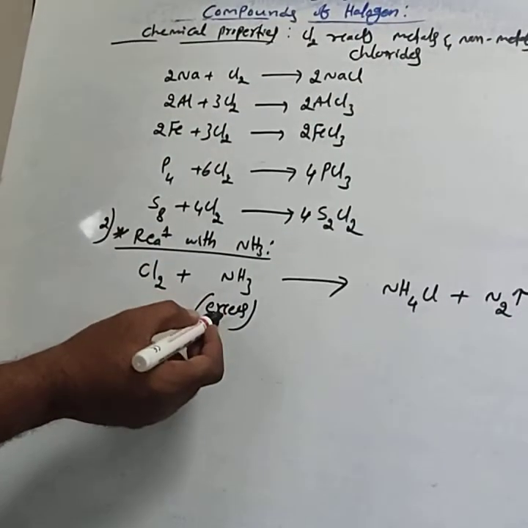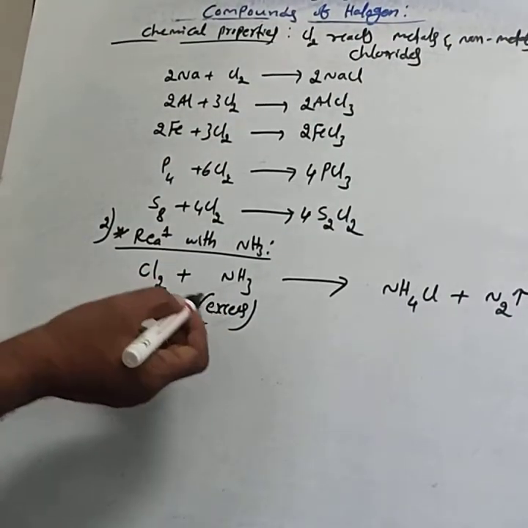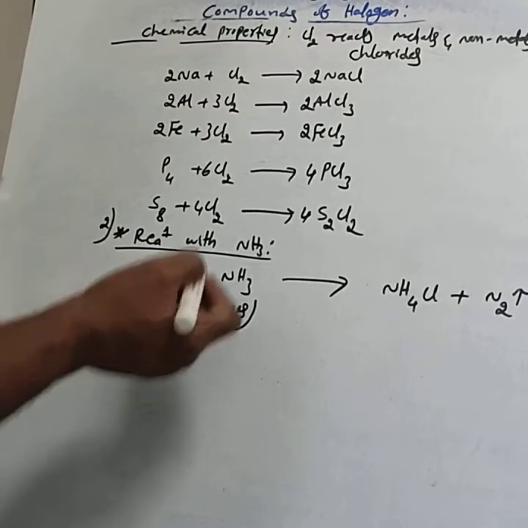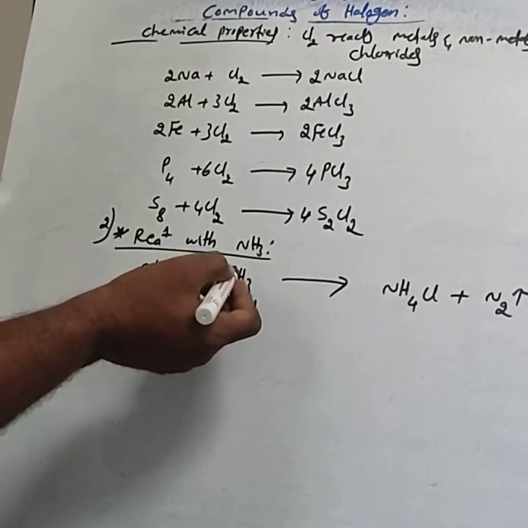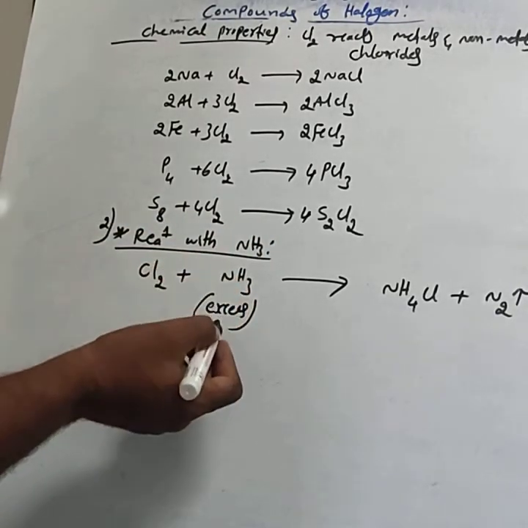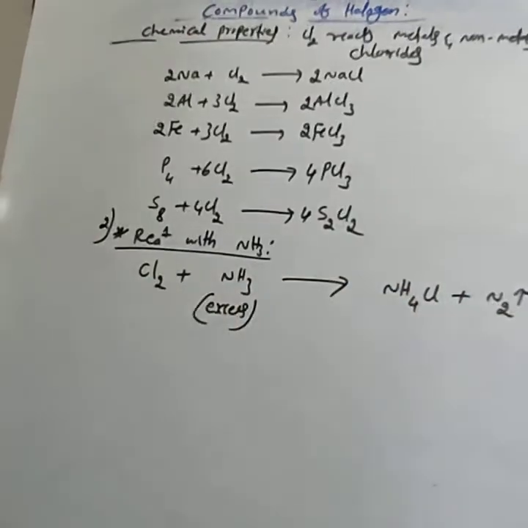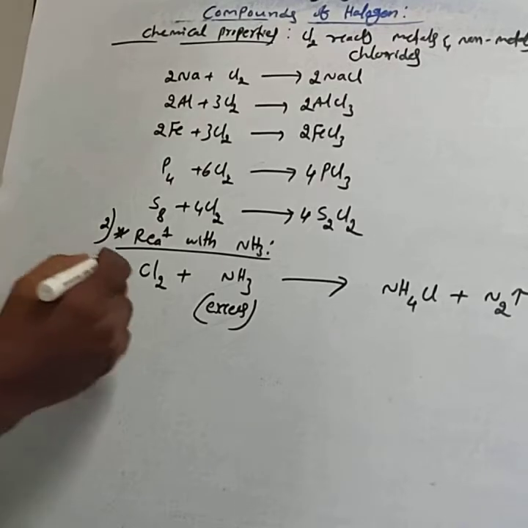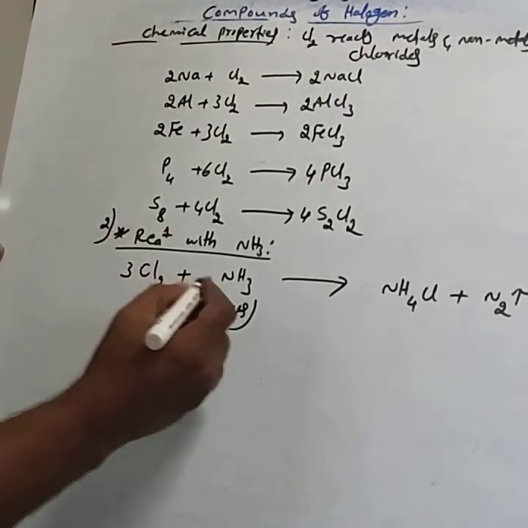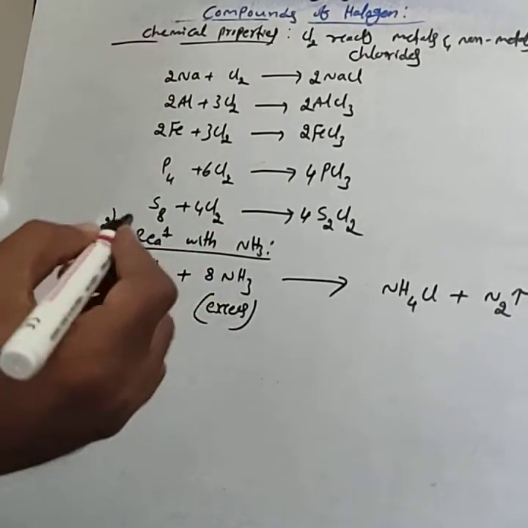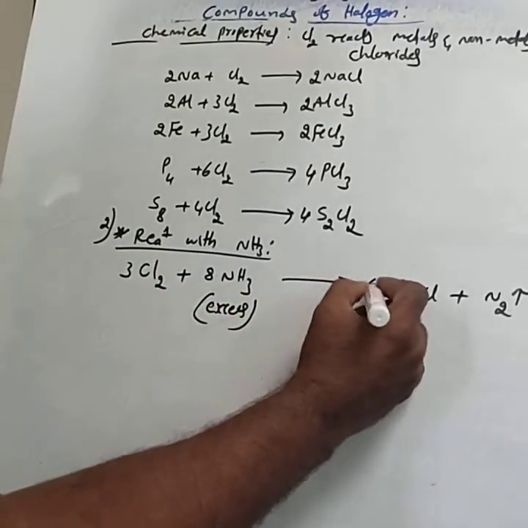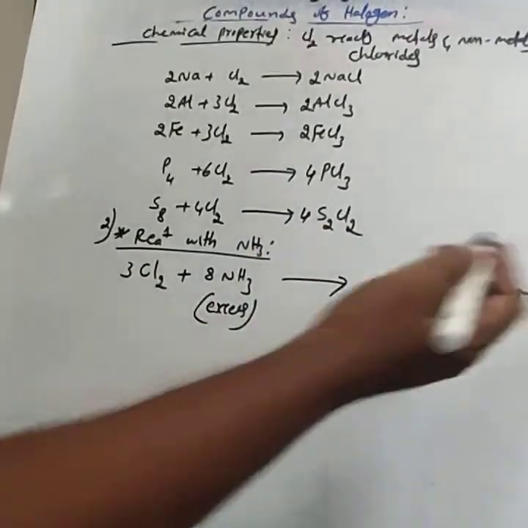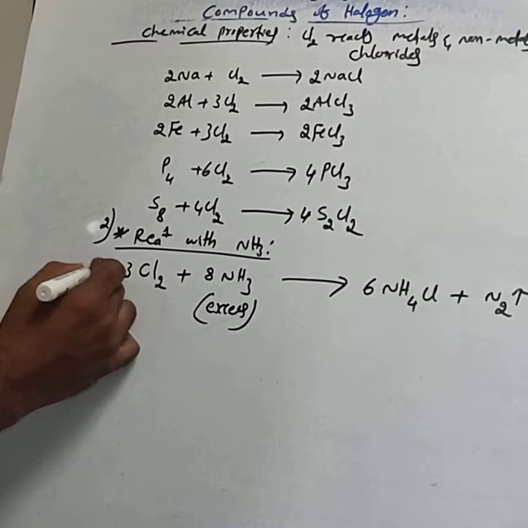Then you have to balance: 3Cl2 and 8NH3 give 6NH4Cl and N2. This is the first case.